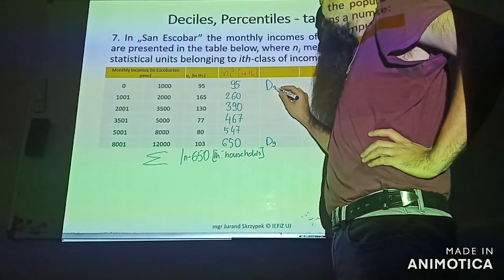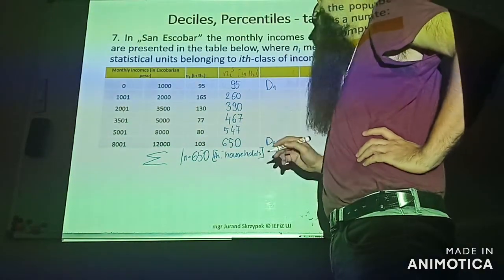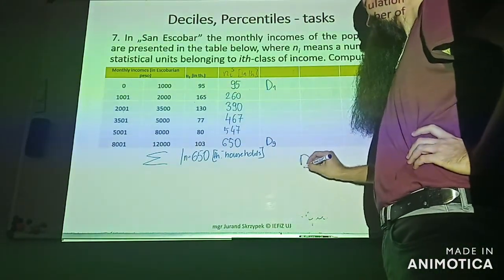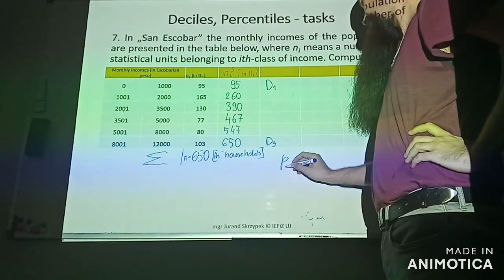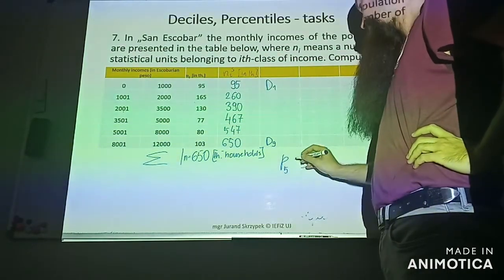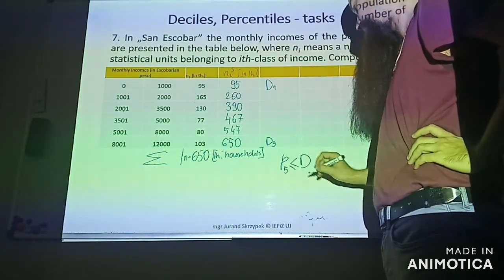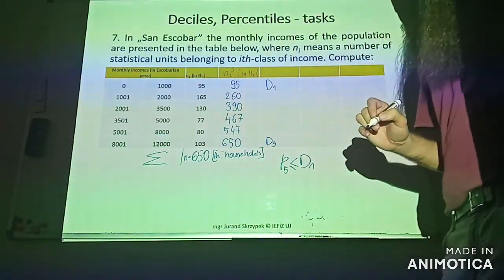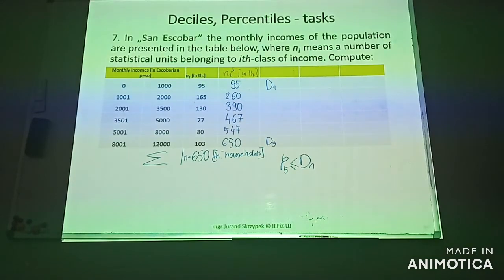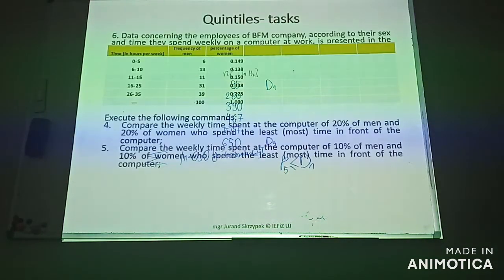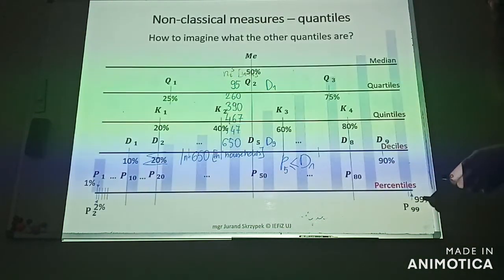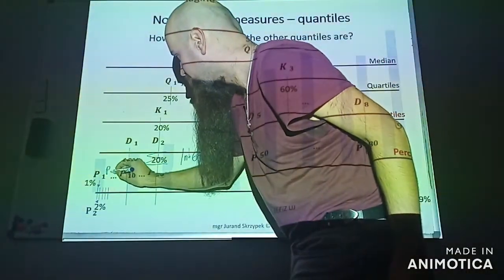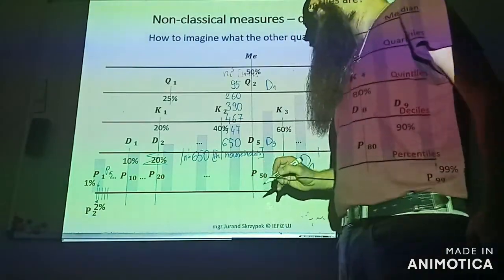We know that the first decile is placed in the first class, and we know that the fifth percentile is for sure not greater than the first decile. Yeah, we know that from this graph. Here we have the fifth percentile.